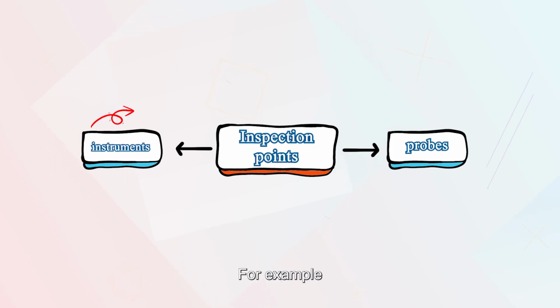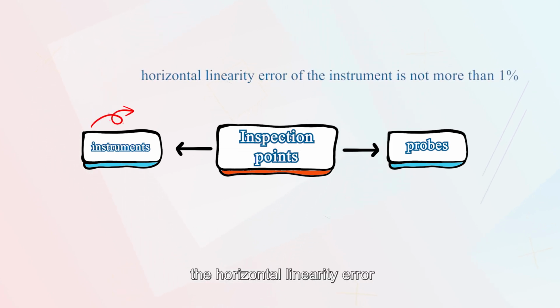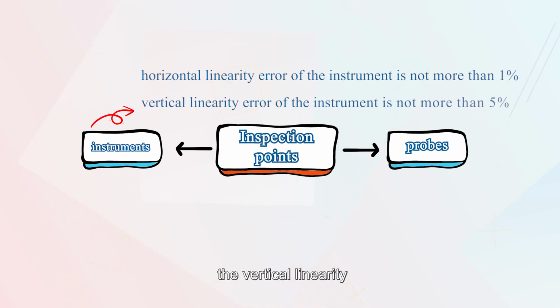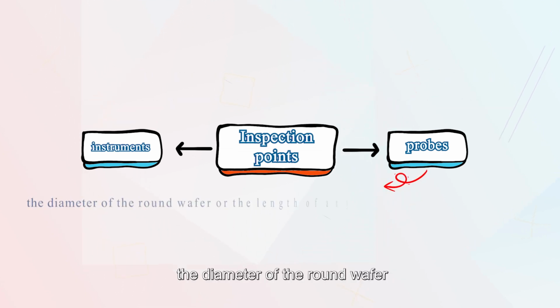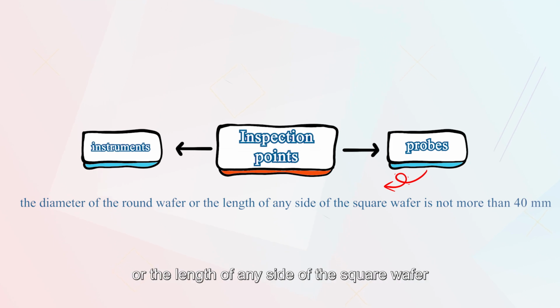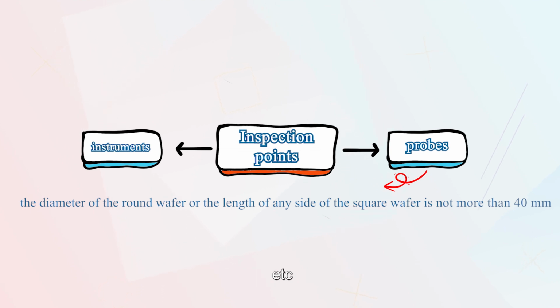For example, the horizontal linearity error of the instrument is not more than 1%. The vertical linearity error is not more than 5%. For the probe, the diameter of the round wafer or the length of any side of the square wafer is not more than 40 mm, etc.